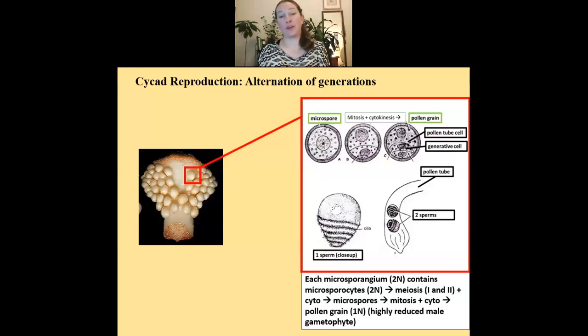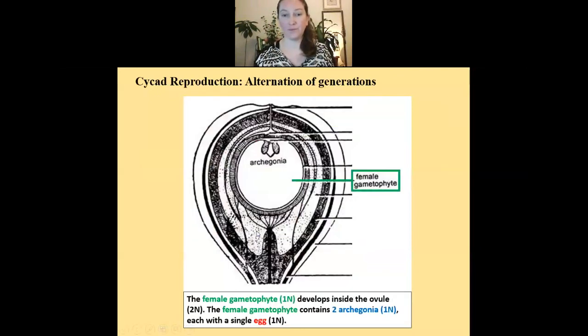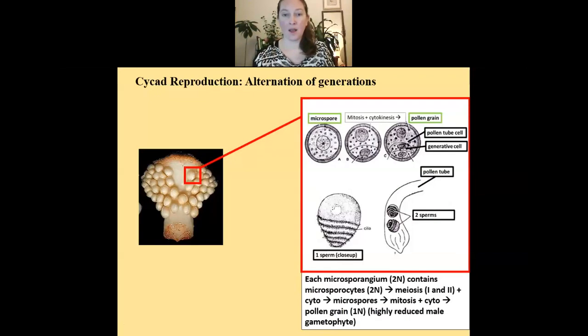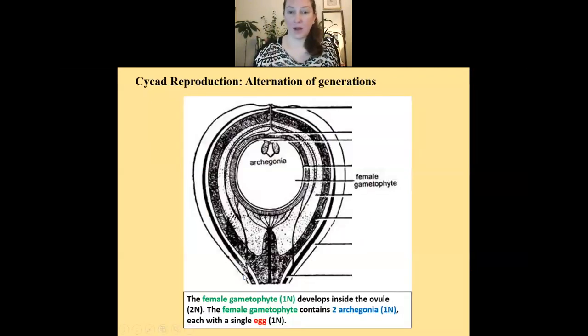Microspores are going to undergo mitosis and cytokinesis to create pollen grain, which we now have learned is the very highly reduced male gametophyte plant. So instead of an entire antheridium, it's only reduced to a couple cells. All right. So that's microsporangium.